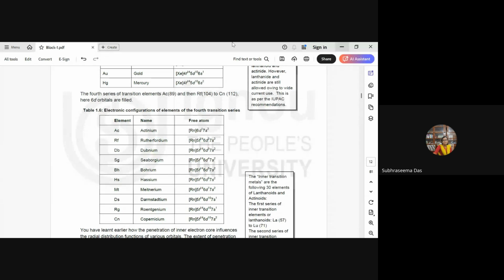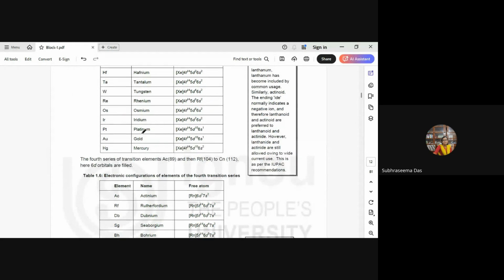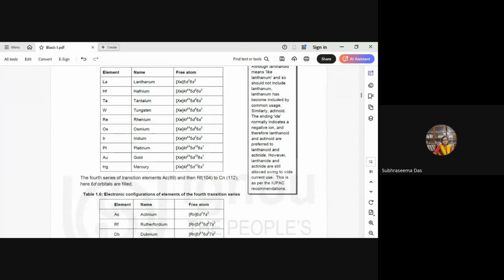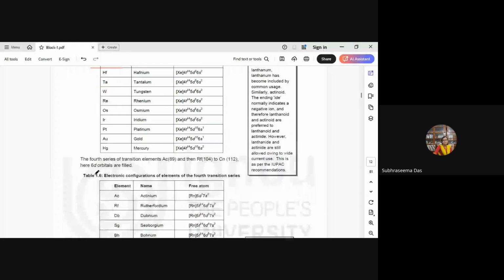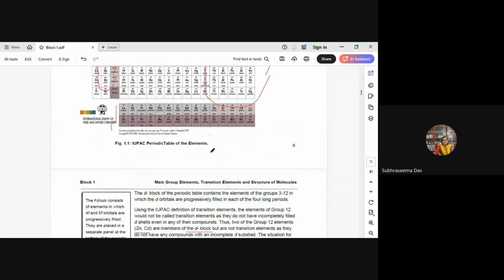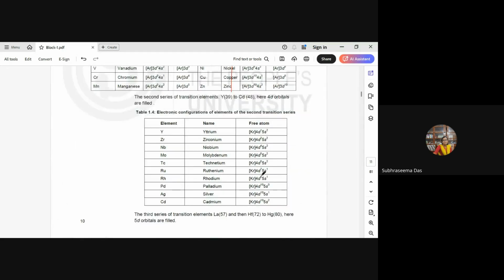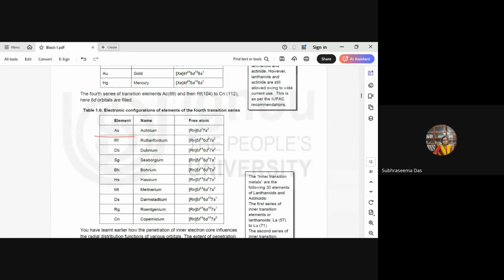But in the third and fourth transition series we come across two very important observations, lanthanum and actinium. If we look into the periodic table, they constitute the inner transition series, where the first inner transition row is called the lanthanides, and the second inner transition row is called the actinides. That is altogether a different part which we will study later.